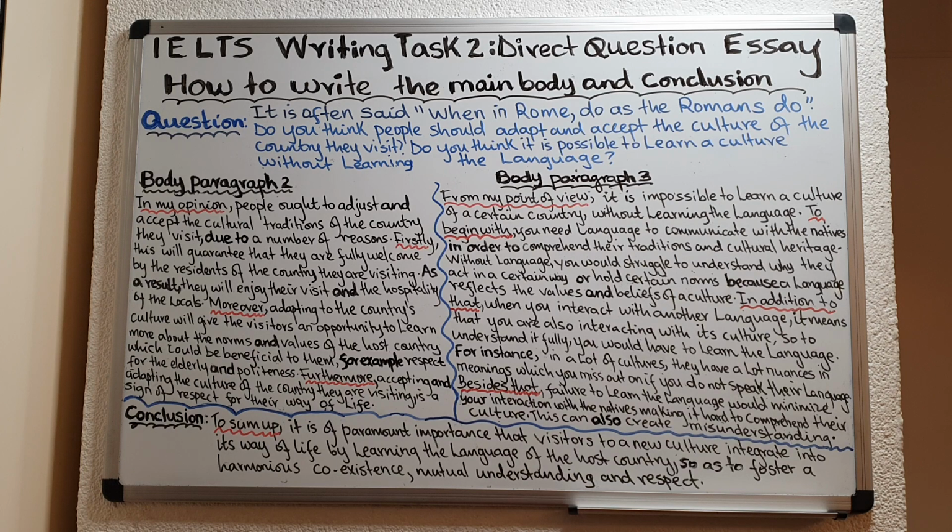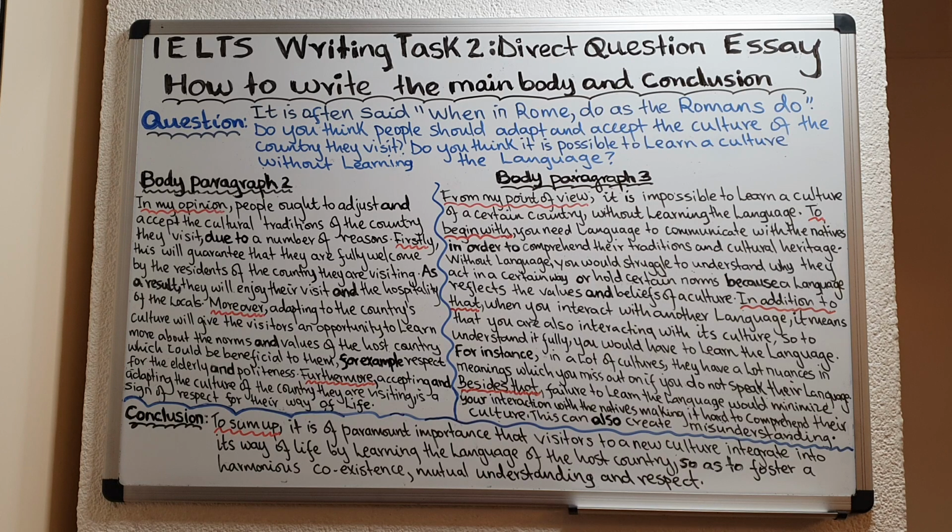Now, in the conclusion, you are summing up your key points in body paragraph 2 and in body paragraph 3. So you are summing them up. You are summing up your opinion, okay? In your conclusion, you should sum up your opinion, or rather, your personal viewpoint in regards to the first and the second question.